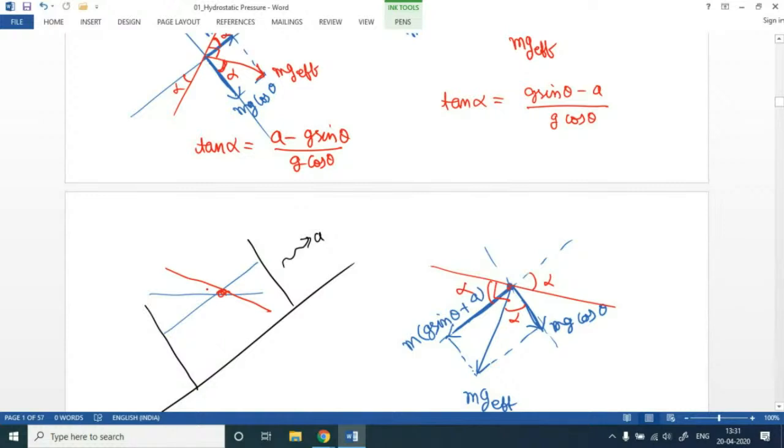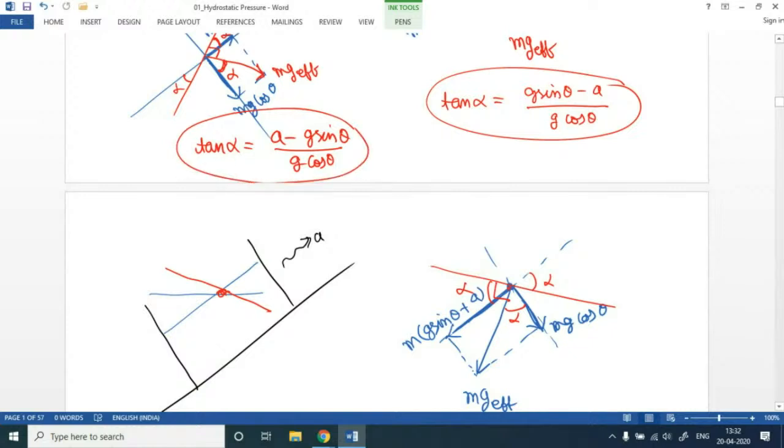So we can very well see, can we have a situation when the open surface will be along the incline, that means alpha is equal to 0? That is definitely the case. For alpha equal to 0 in this relationship, what we can use is g sine theta equal to a, then alpha is going to be 0.